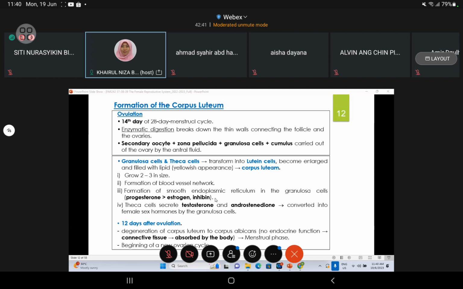Okay. Remember, I told you earlier about different types of inhibin being secreted at different stages in the menstrual cycle.